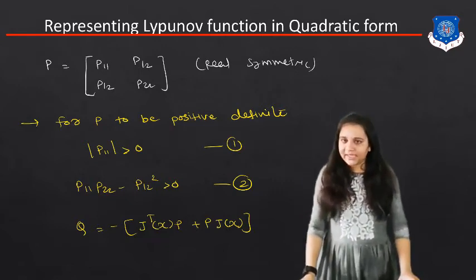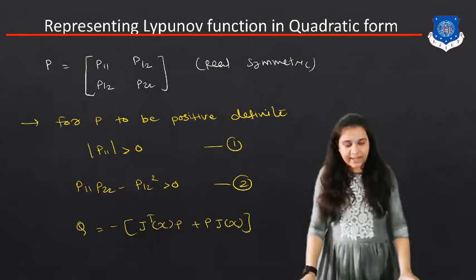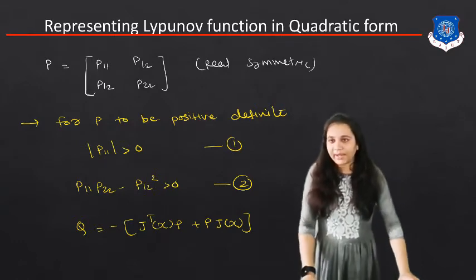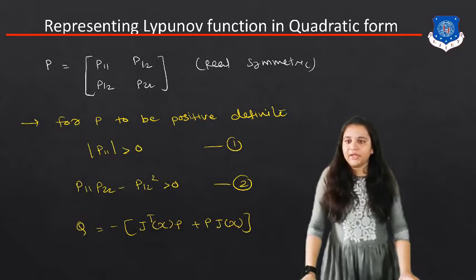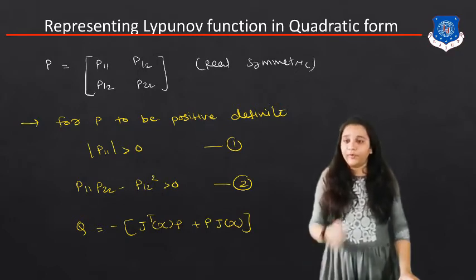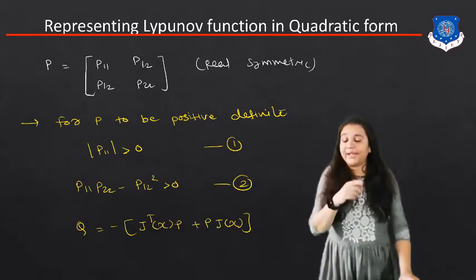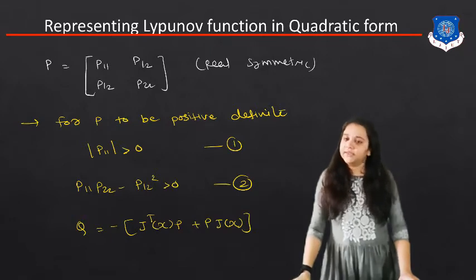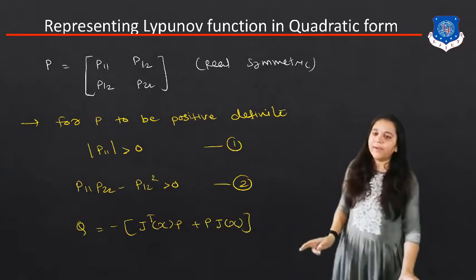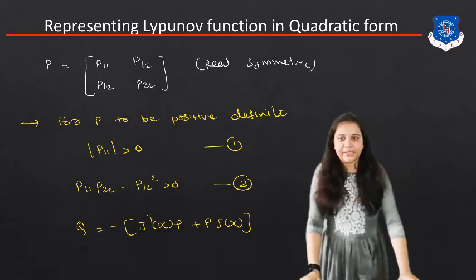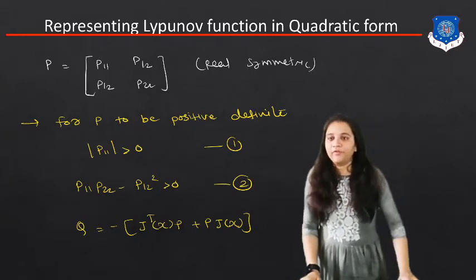If P is positive definite, we have to apply the principle of minors, that is, P11 greater than 0 and P11 P22 minus P12 square greater than 0. So we have to check Q is equal to minus J transpose of x P plus P J of x.